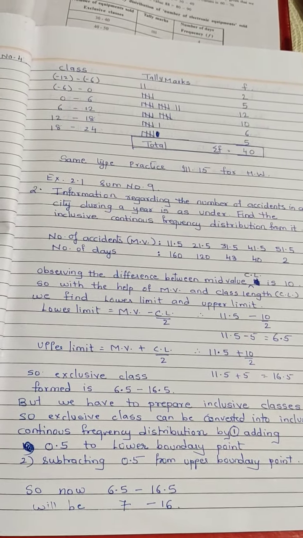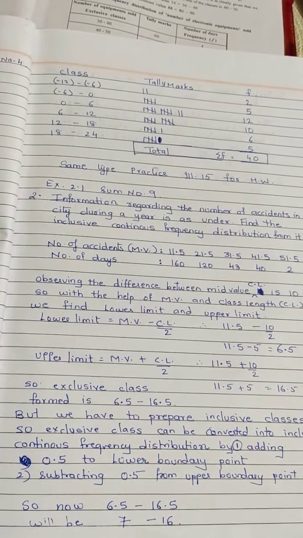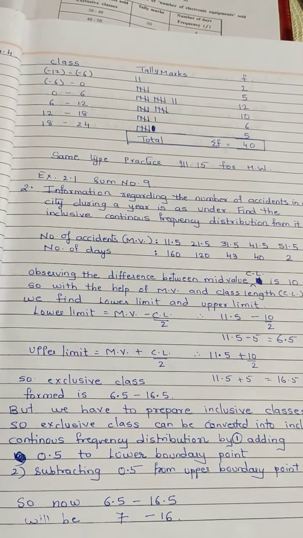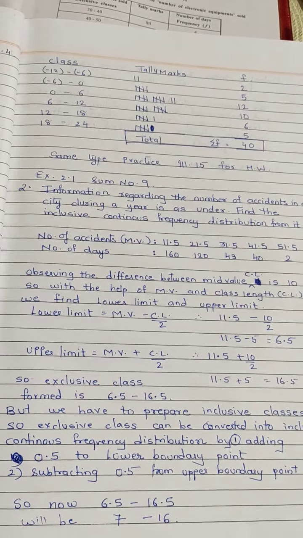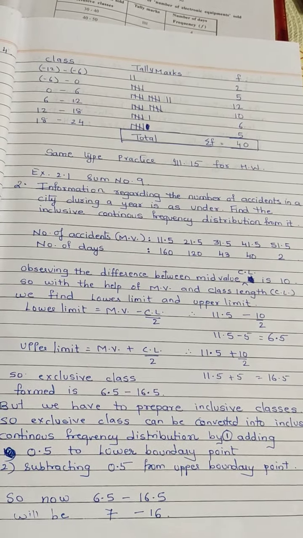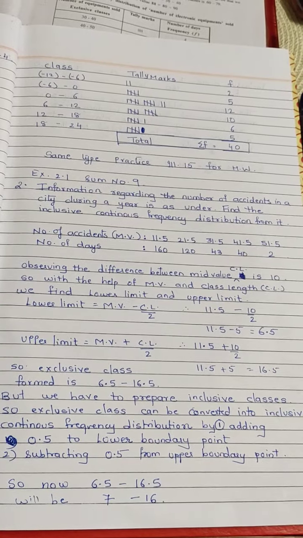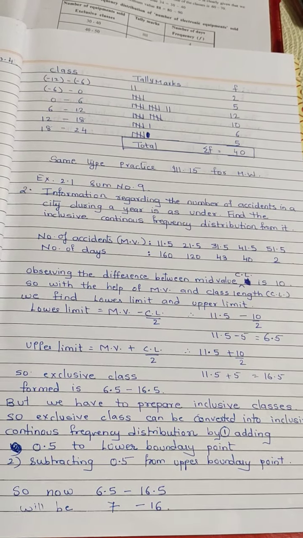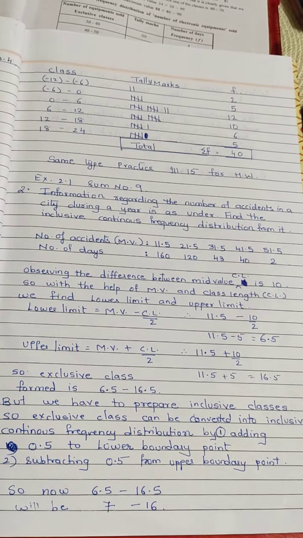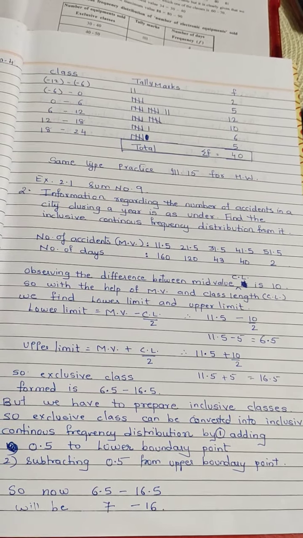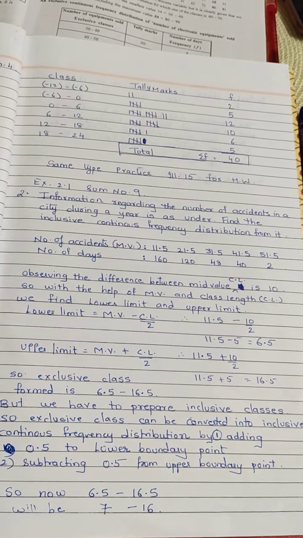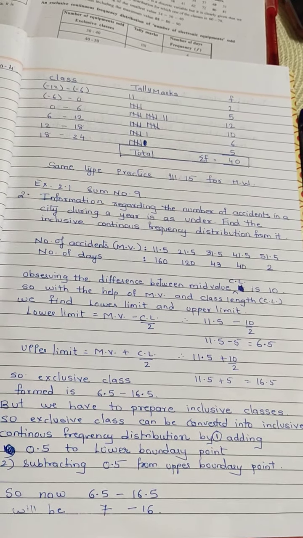You have learned how to convert an inclusive class into an exclusive class. So based on that, we are going to prepare the inclusive continuous frequency distribution by adding 0.5 to the lower boundary point and subtracting 0.5 from the upper boundary point.